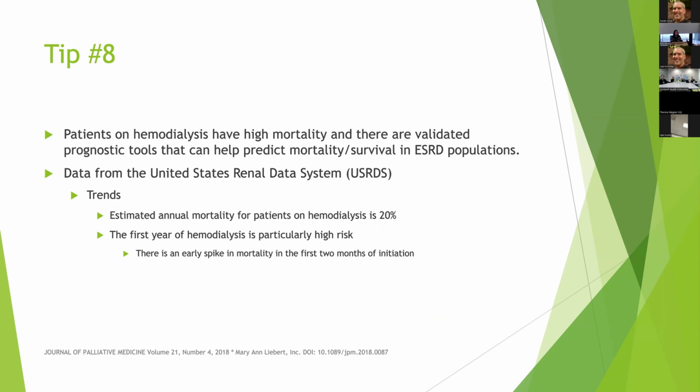General trends: there's an estimated annual mortality for patients on hemodialysis of 20%. The first year of hemodialysis is particularly high risk. So if somebody gets through that first year, then their odds improve, you could say. There's an early spike in the first 2 months in particular.